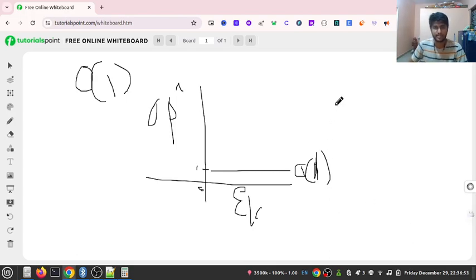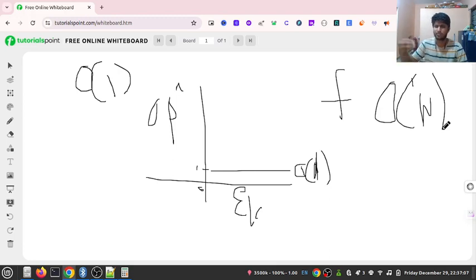If you are using looping constructs, in such a case big O of n time complexity it will take, like n number of operations being performed, right? So like this the things will work out.